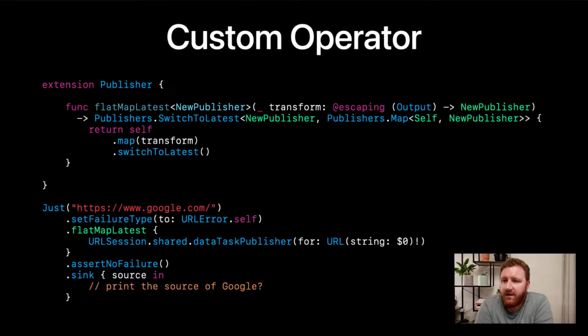So here we have, in an extension of publisher, we define a flat latest operator, which takes in that same transform that flat map was dealing with, in which it accepts a value input and emits a new publisher. But instead of having all of this built into two methods, we then do the map and the switch to latest all in line.